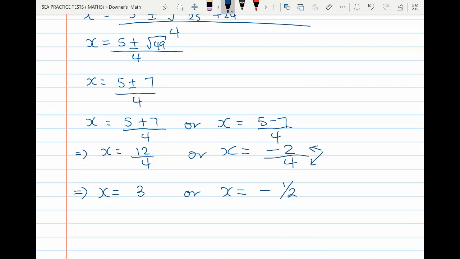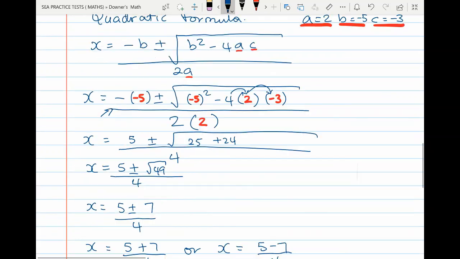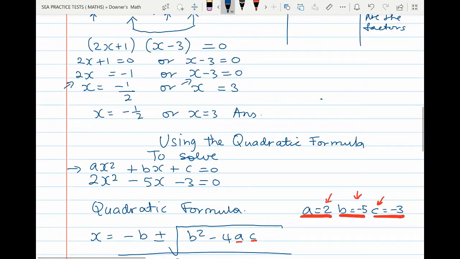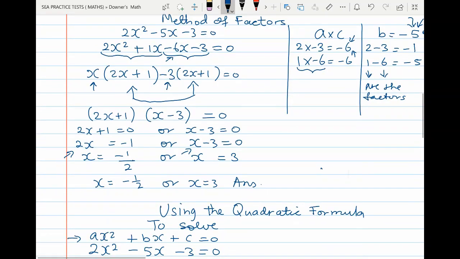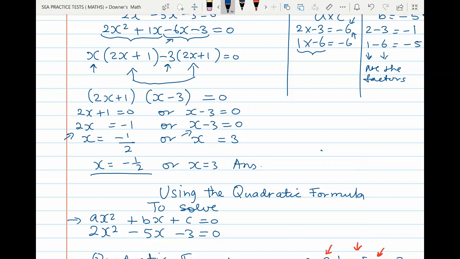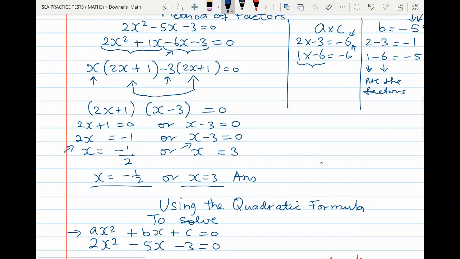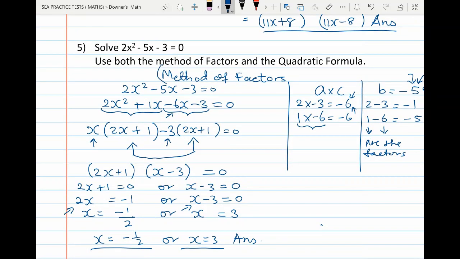Now, if we recall, X equal to 3 is an answer, or X equal to minus half is an answer, and these were the exact same answers, if we scroll back up, that we got when we used the other method, which is the method of factors. Here was X equal to minus a half or X equal to 3 as the final answers when we used the method of factors as shown here.